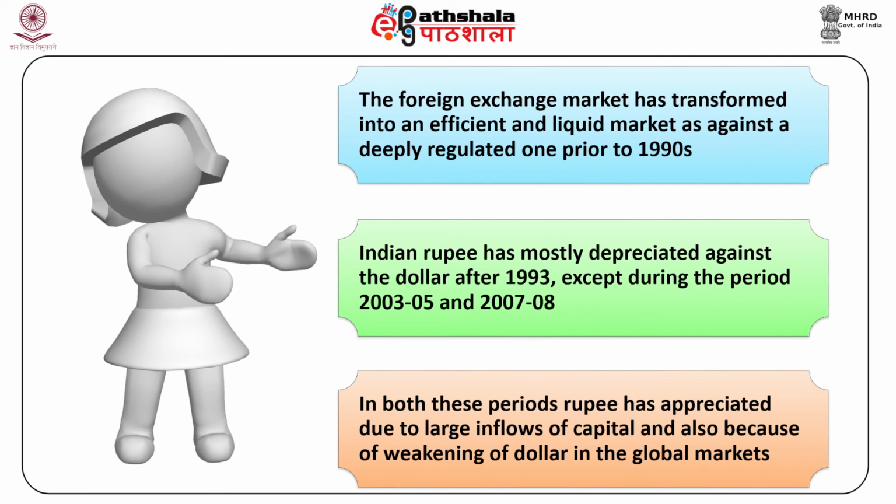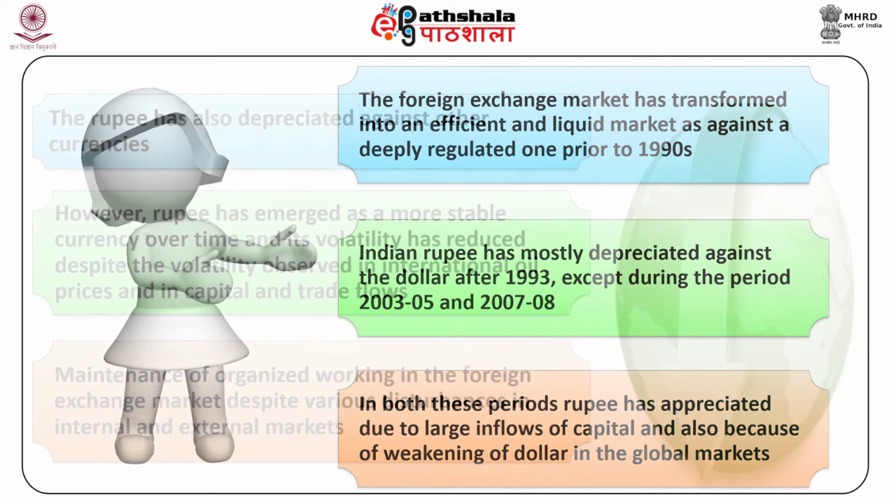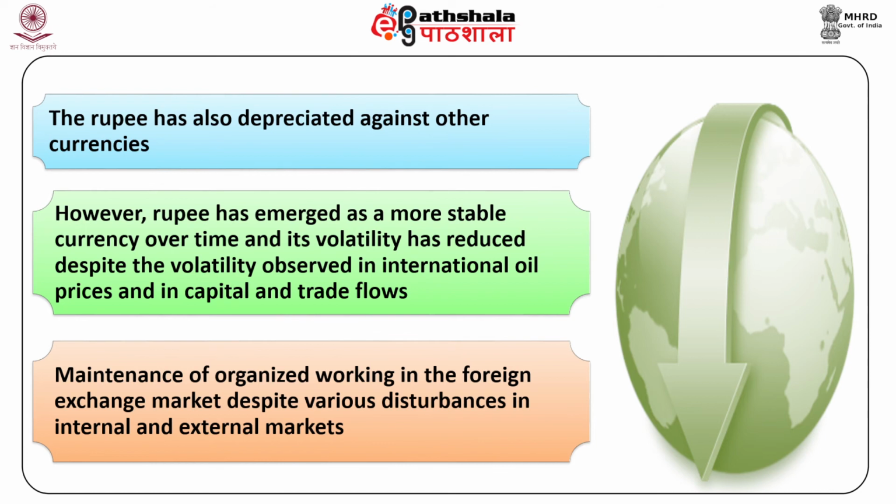In both these periods, the rupee has appreciated due to large inflows of capital and also because of the weakening of the dollar in the global markets. In addition, the rupee has also depreciated against other currencies. However, the rupee has emerged as a more stable currency over time and its volatility has reduced.